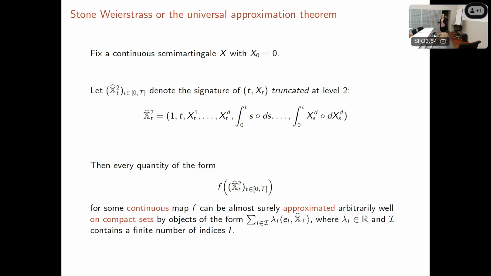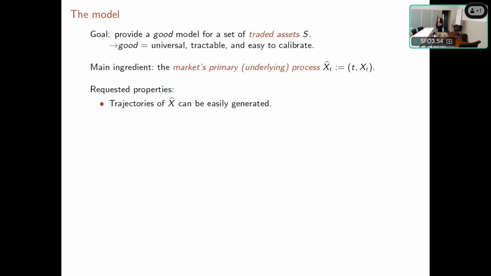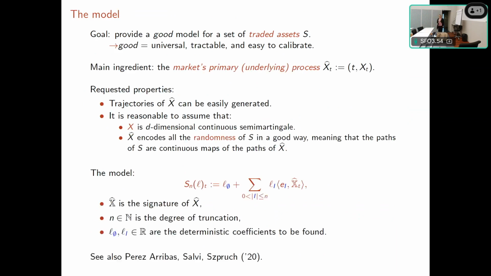Okay, so this shows, or gives an intuition about the fact that modeling using linear combinations of the signature is extremely flexible. Okay, because you can recover each strong solution of an SDE. So the model that we consider, I will be a bit quick, is saying, okay, we take the price and we take it to be a linear combination of the signature. Of what? Of whatever you would like to use.